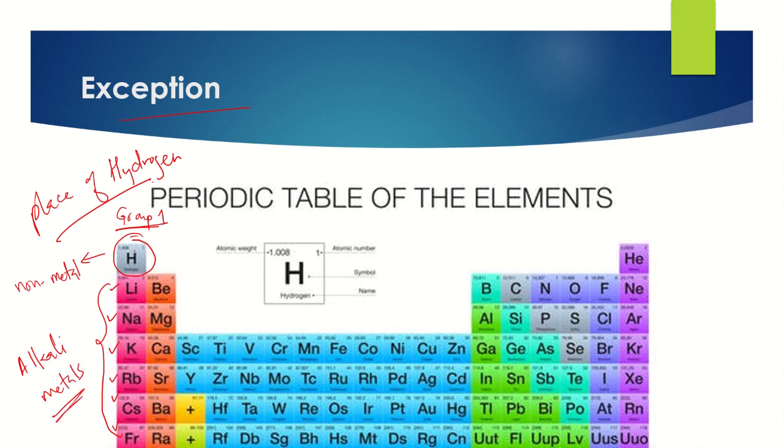This could be the confusion, or this could be the question. Though hydrogen is a non-metal, it is still placed with metals. The reason is that hydrogen loses an electron, just like metals. And also, since hydrogen has only atomic number 1, it is placed with group number 1. But in fact, the place for hydrogen is not in group 1.